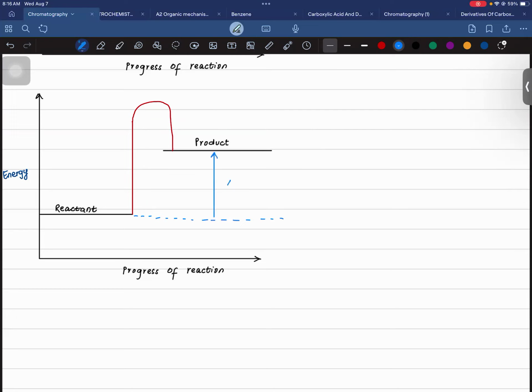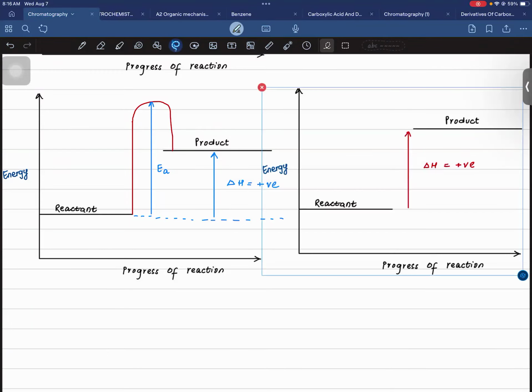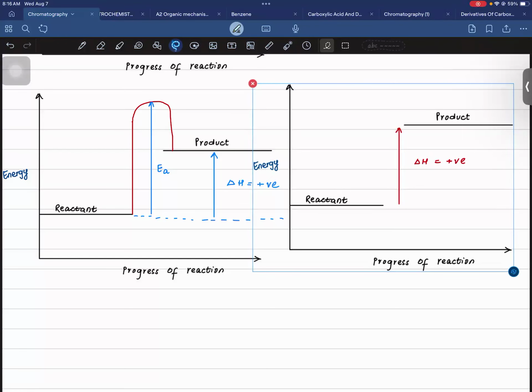This upward arrow shows energy change as energy is absorbed since the reaction is endothermic. And this arrow is representing activation energy. I'm drawing the energy profile diagram for an exothermic system for a perfect comparison.